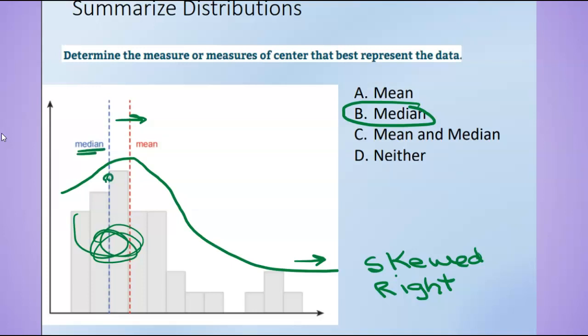So right here, we're going to have the same amount of data over here as we have over here. So our best measure of center for a skewed shape distribution is the median. Okay, you can always refer back to that handout.